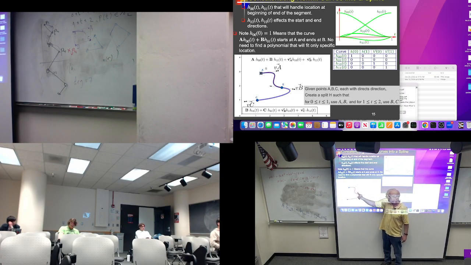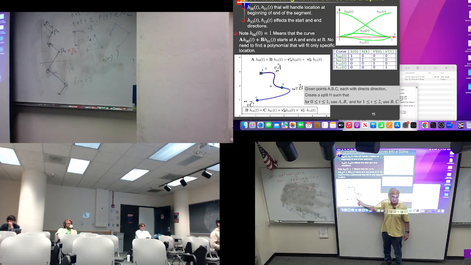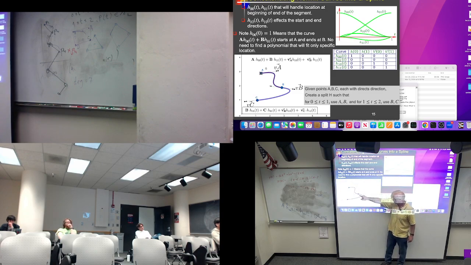And what do I know about the whole curve, this whole spline? The first segment starts at A and ends at B, the second segment starts at B and ends at C. What about the orientation? Since I decided just about one vector here, the orientation by which I end the first segment at B is exactly the orientation by which I start the next segment.